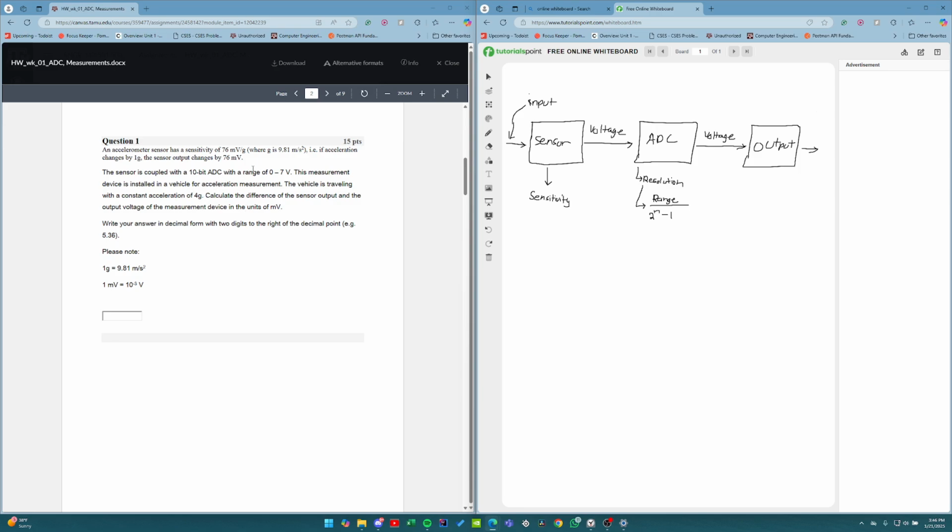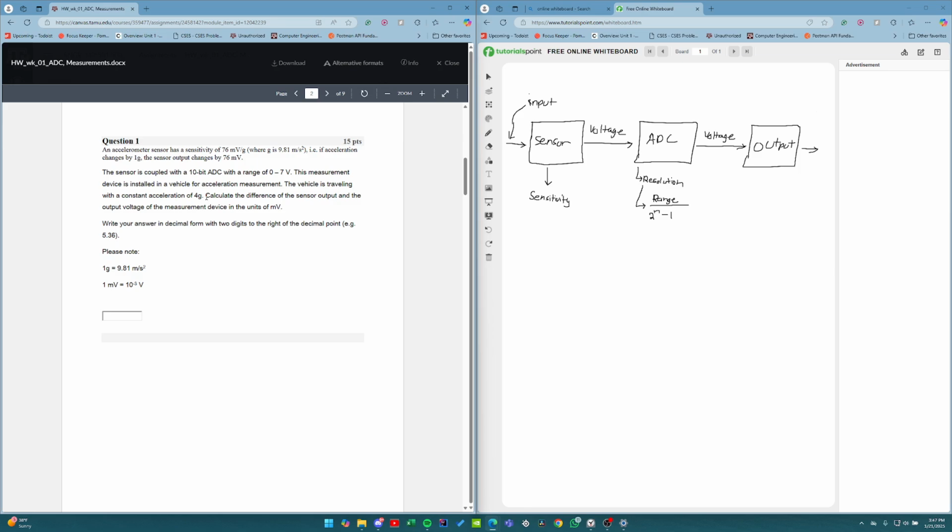Question one: the sensor is coupled with a 10-bit ADC in the range of 0 to 7, and they have this measurement device which they install on the vehicle, and it measures the acceleration to be 4g constantly.